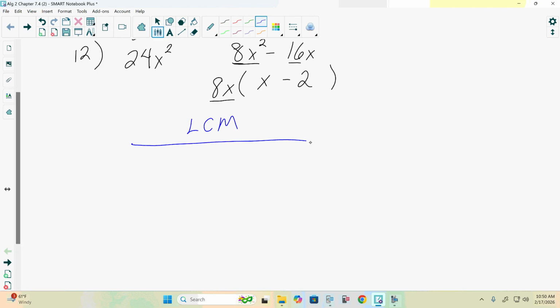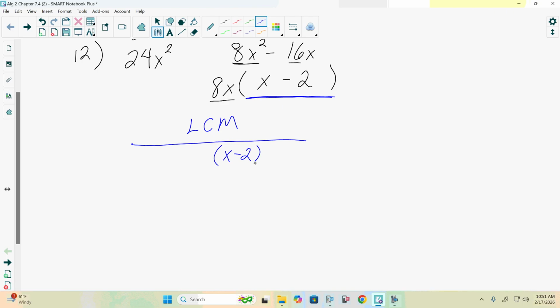Now that they're factored completely, we can actually start looking at the least common multiple. Now, it doesn't matter where we start with least common multiple. We can start with our parentheses terms, these expressions, or the terms outside. If we start with the parentheses, the one on the right has an x minus 2. The one on the left doesn't. So since x minus 2 as an expression shows up once, in either one of these, we will need it once as a part of the least common multiple.